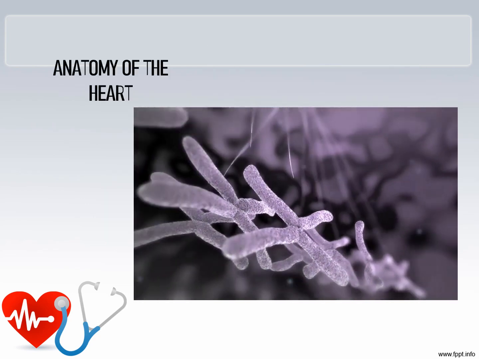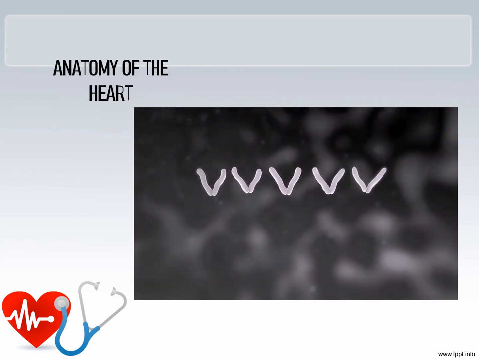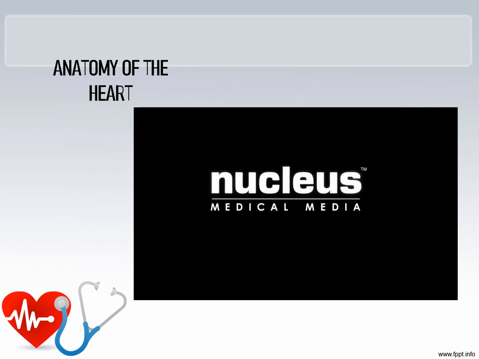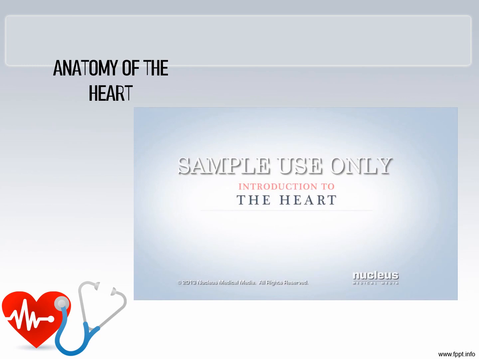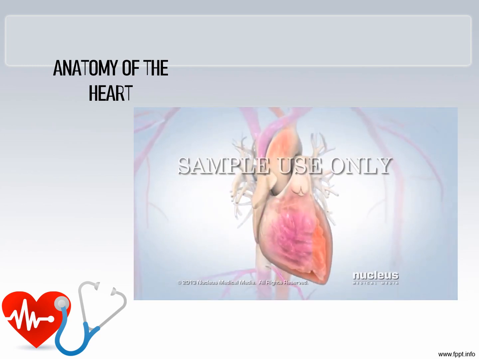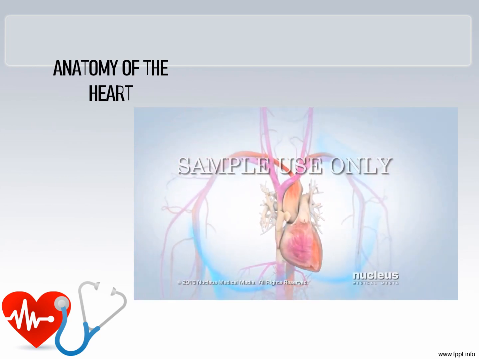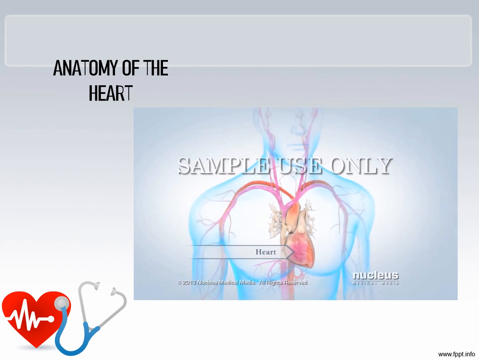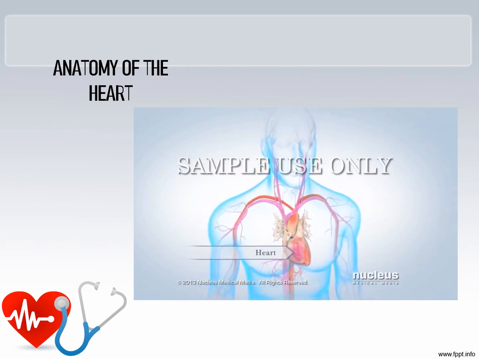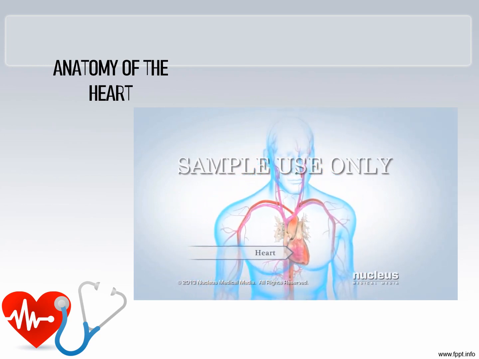In this video, you can learn about the anatomy of the heart. Your heart is an extraordinary machine. During your lifetime, your heart's muscular walls pump blood into blood vessels branching throughout your body.